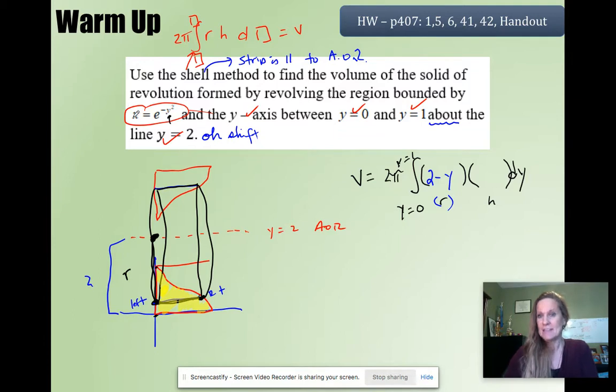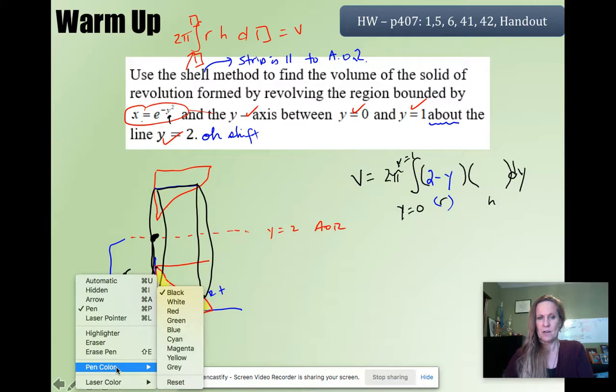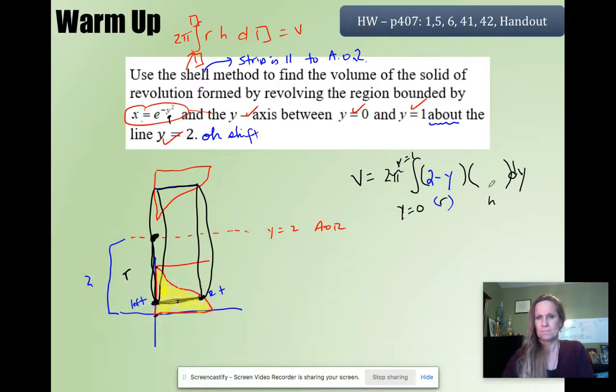The x distance is e to the negative y squared. Okay. So again, put that into your calculator, Math 9 that, give me an answer that is 3 places past the decimal.